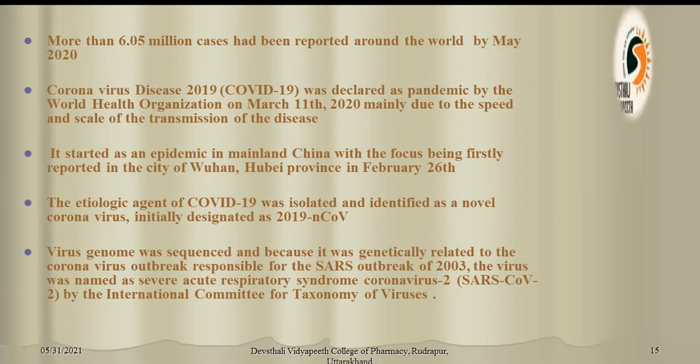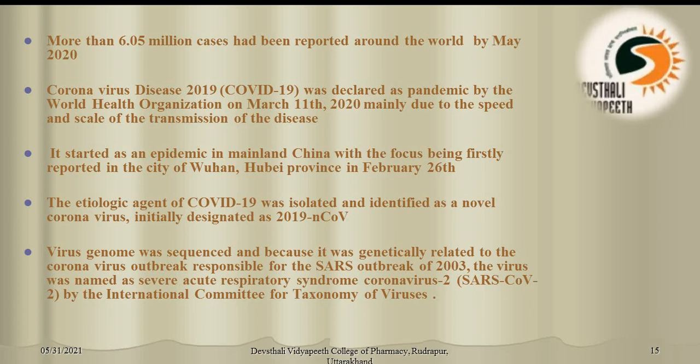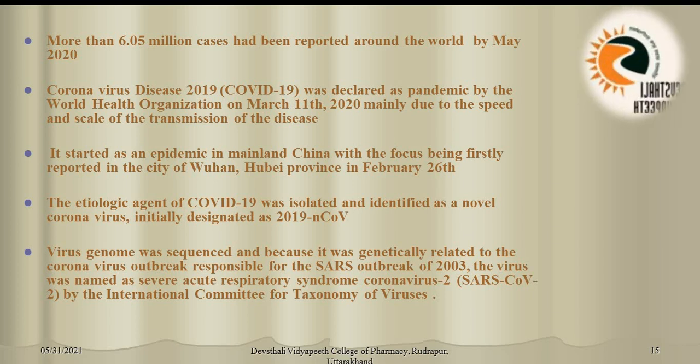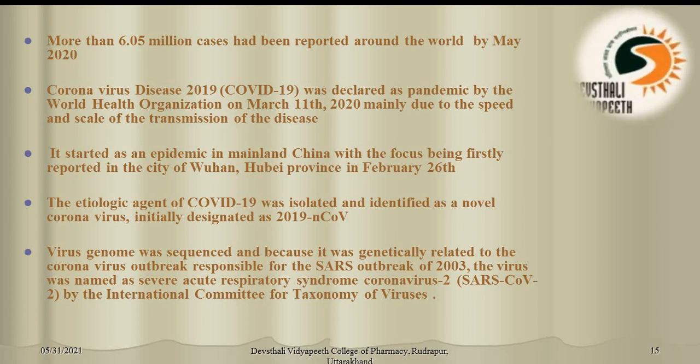More than 6.05 million cases were reported around May 2020. Then on March 11, 2020, COVID-19 was declared a pandemic by WHO because the scale and speed of transmission of the disease was very high.